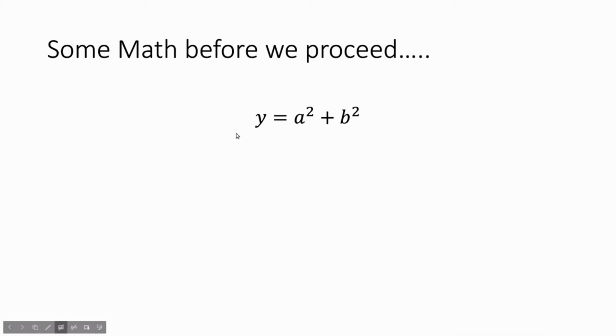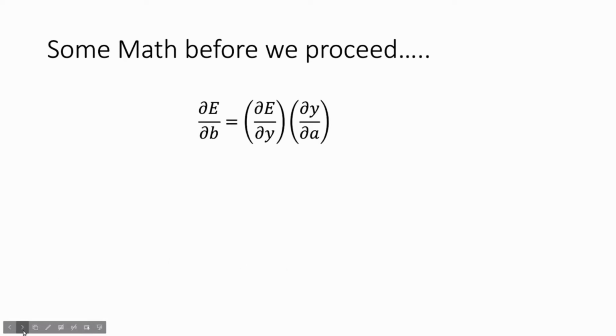We have y is equal to a square plus b square. Now if you take the derivative of this equation with respect to a, you will treat b as constant, and the derivative of a square with respect to a is nothing but 2a. Similarly, the partial derivative of y with respect to b will be 2b. Now we have both the pieces of the puzzle in place.